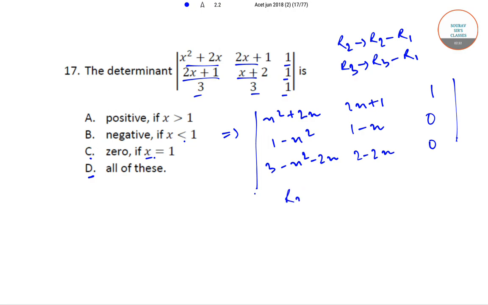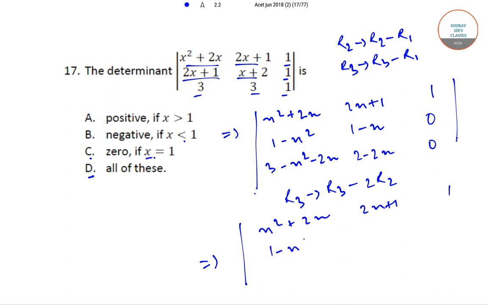Now R3 becomes R3 minus 2R2. So this is x squared plus 2x, 2x plus 1, 1, 1 minus x squared, 1 minus x, 0.